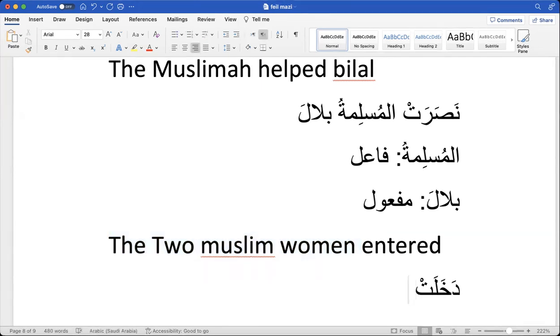Correct? Now, what should be the fa'il now? The two Muslim women. So what should be its status? The fa'il here is the two Muslim women, the outside doer. What should be its status? Mansoob, majroor, marfu, what? Mansoob?